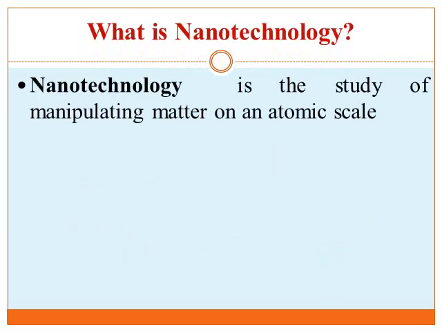Now nanotechnology is the study of these various materials made up of atoms or molecules whose internal or external dimension is between 1 to 100 nanometer. Nanotechnology is the study of manipulating matter on an atomic scale.